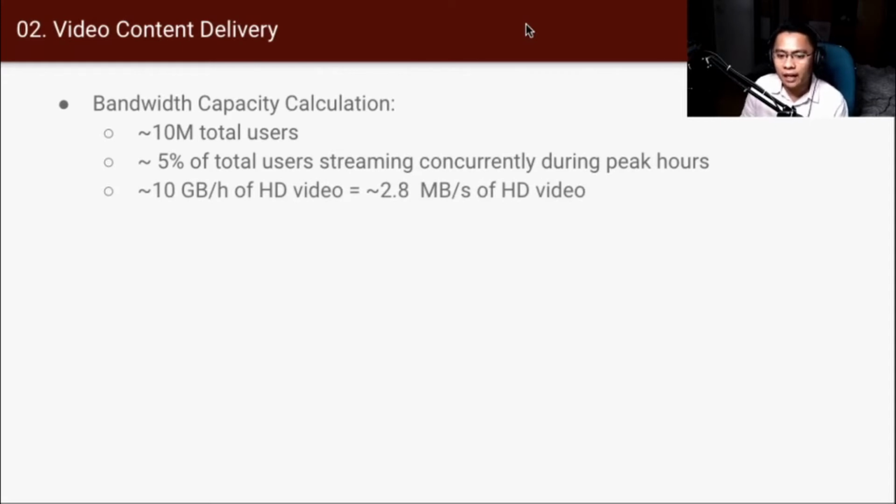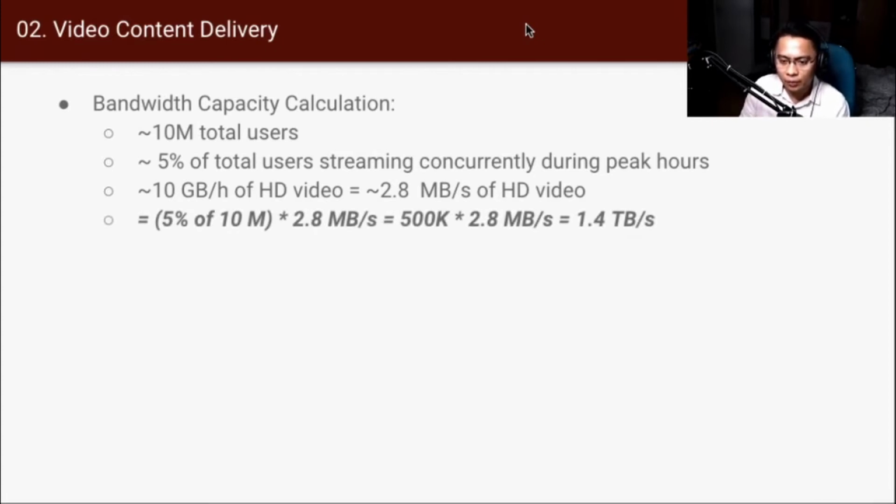And the biggest size is HD, and to transfer HD to the user, we need approximately 2.8 megabytes per second. We calculate all those three data. We found out we need 1.4 terabytes per second. And it's really huge. We need to do something about this.